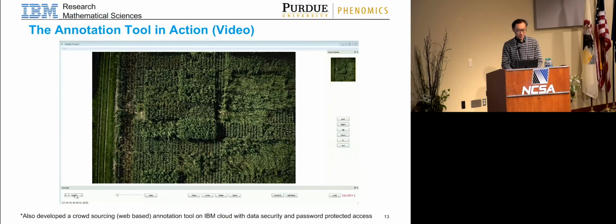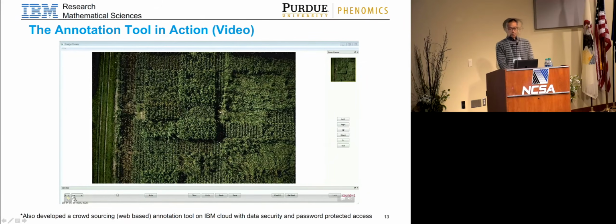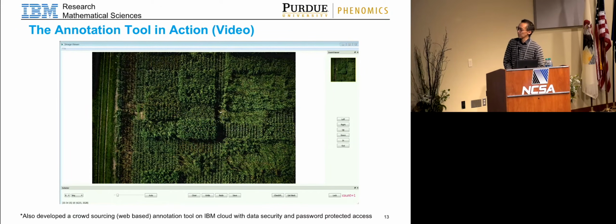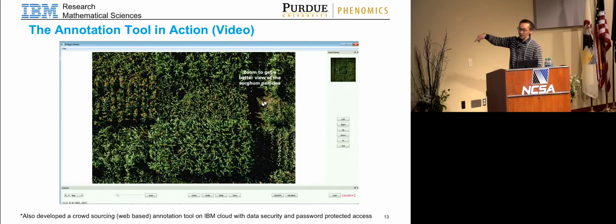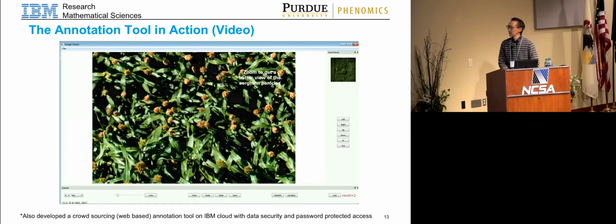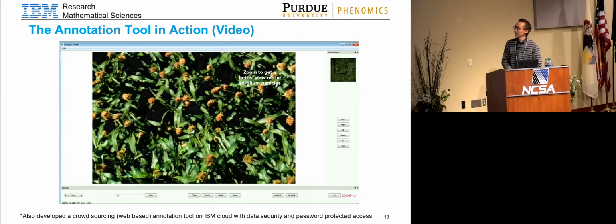So anyway, there's a bit of an animation. This is the annotation tool that we built. It allows people to easily annotate. It's starting out with this big area picture. It allows you to zoom into a specific area, and you're starting to see panicles.